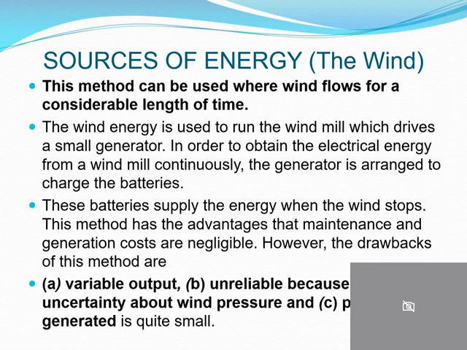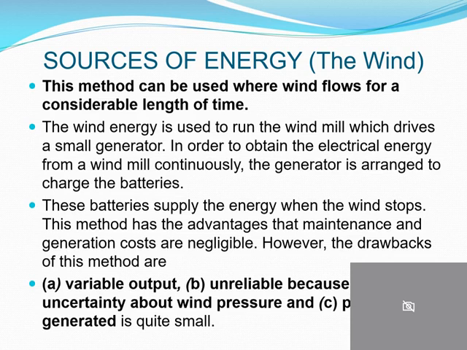Then we have wind as a source of energy. So this method can be used where wind flows for a considerable length of time. The wind energy is used to run the windmill, which drives a small generator.